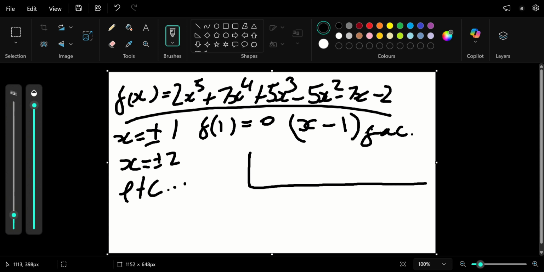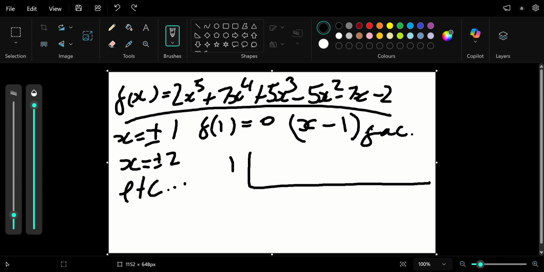So we set up our synthetic division method. We put our factor outside, f of 1, then we take the coefficient of each x variable and its exponent, respectively, and we put it inside here, this sort of reverse bus stop.